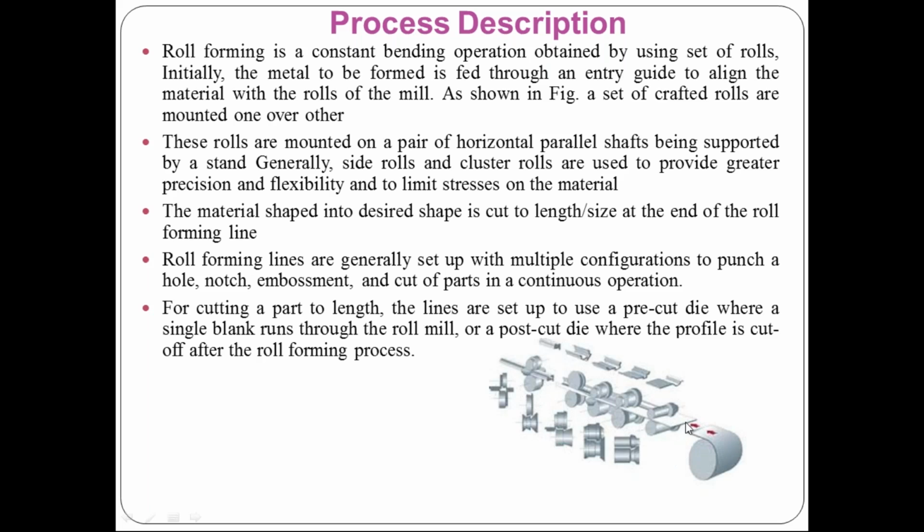So these are the set of roller pairs here, and these are used to achieve the final dimension or final finished product. These rolls are mounted on a pair of horizontal shafts supported by a stand. Generally, side rolls and cluster rolls are used to provide greater precision and flexibility and limit stresses on the material.